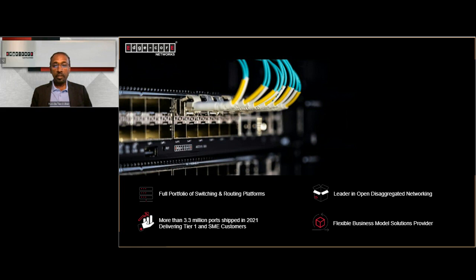We are a leader in open disaggregated networking, and we work with a very flexible business model with service providers across all tiers. We understand that to make open disaggregated networking successful, different service providers and their scale require different business models, and we are open and ready to support that.